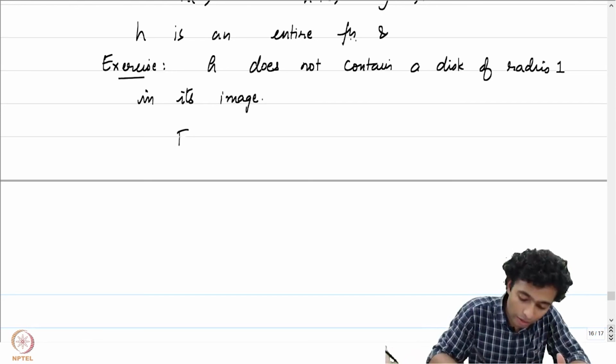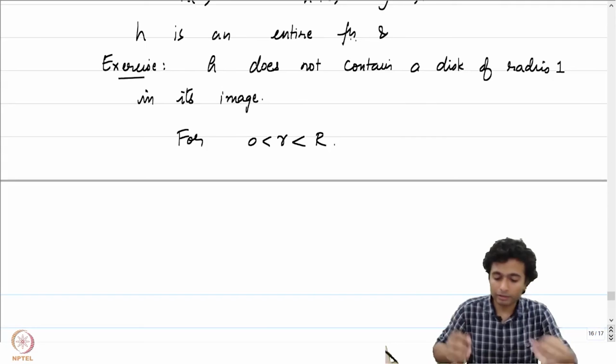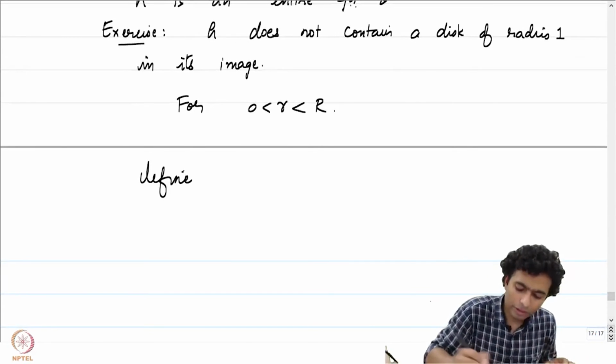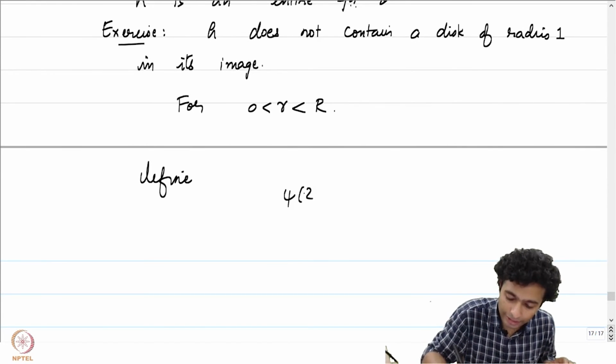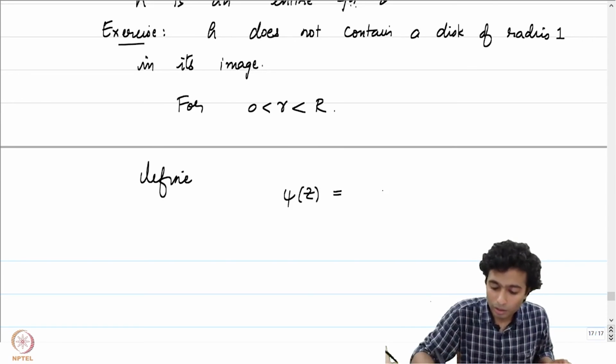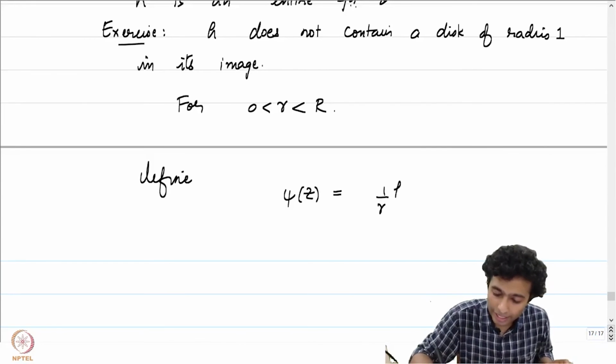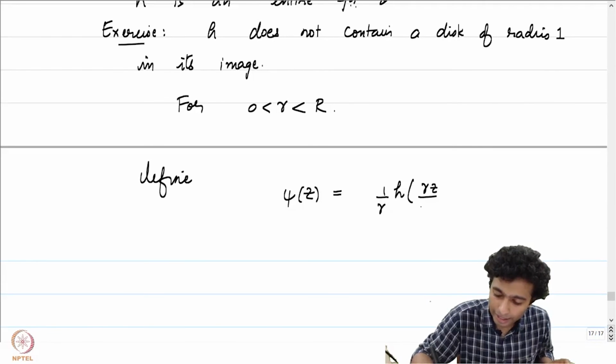For some r positive and less than capital R, we will define the following function. Define the function psi of z to be equal to 1 by r times h of r z by h prime at 0.